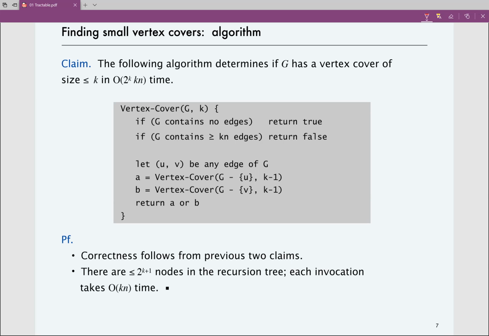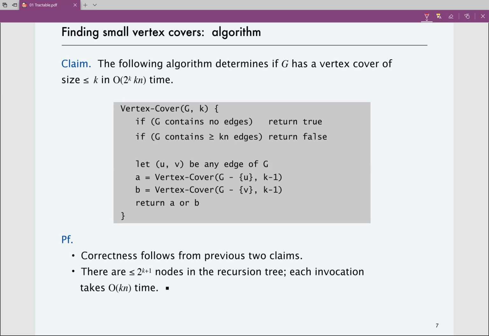The two base cases for the recursion are, if G doesn't have any edges, then of course you can cover it, so we return true. On the other hand, if G has more than K times n edges, then by the previous claim, if there were a vertex cover of size K, G could not have that many edges. And so therefore we return false.